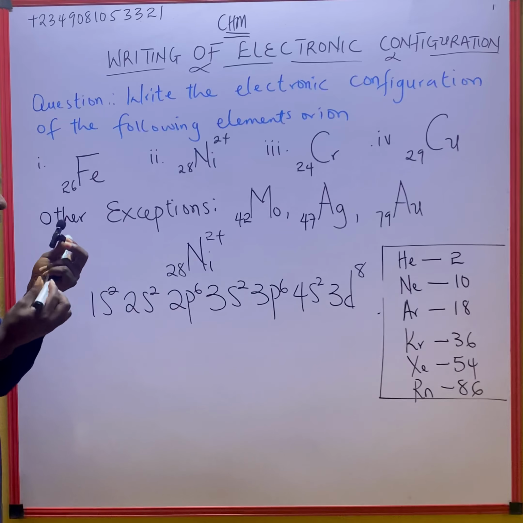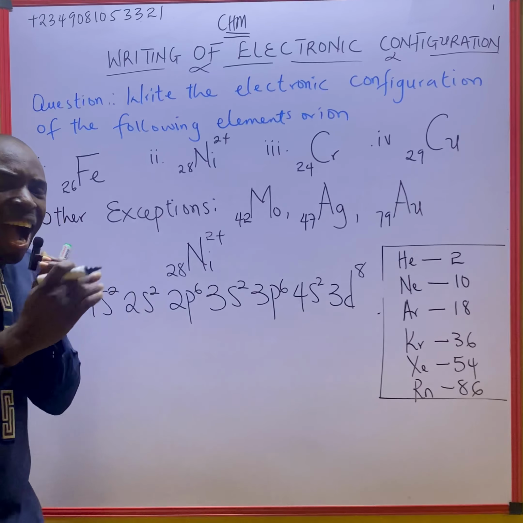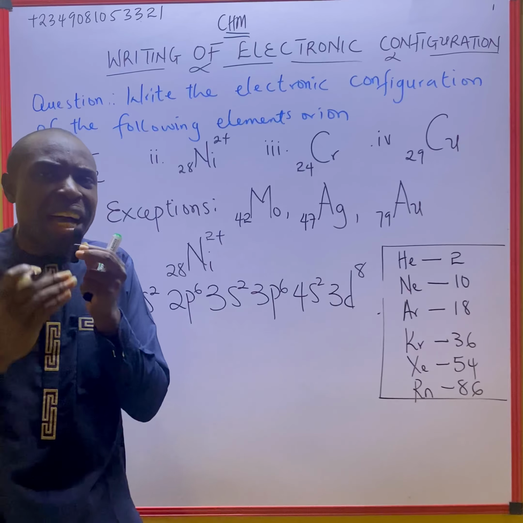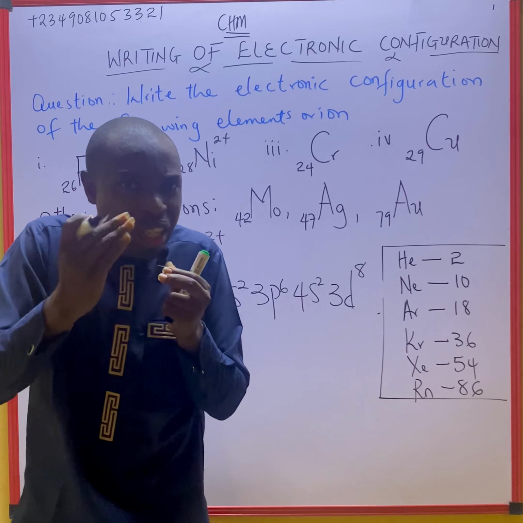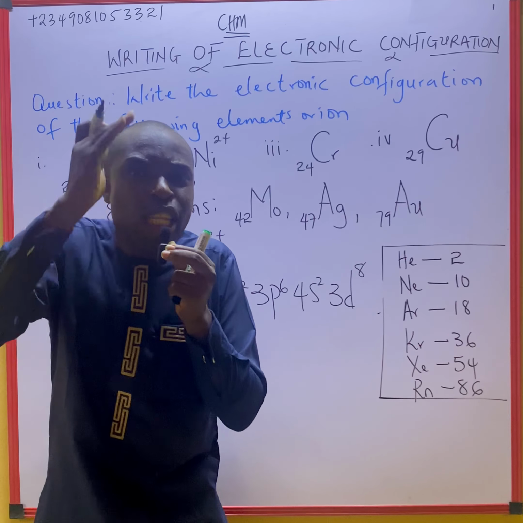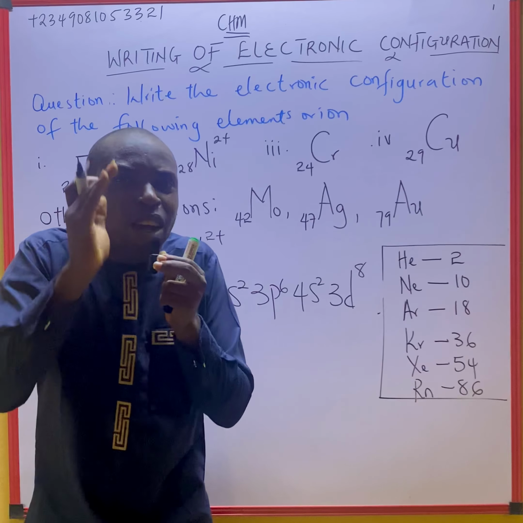Now we should understand that this atom here has a charge, and the charge is positive, so there will be a loss of electrons. This is where a lot of students have issues. This is where one of the complications starts.